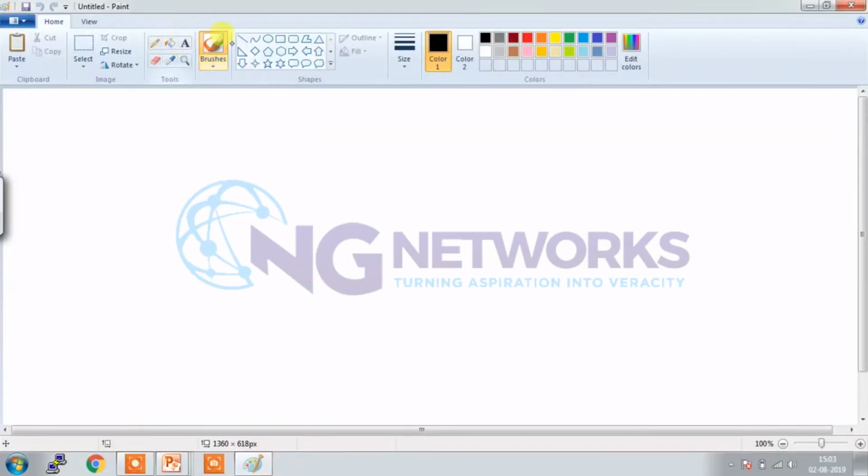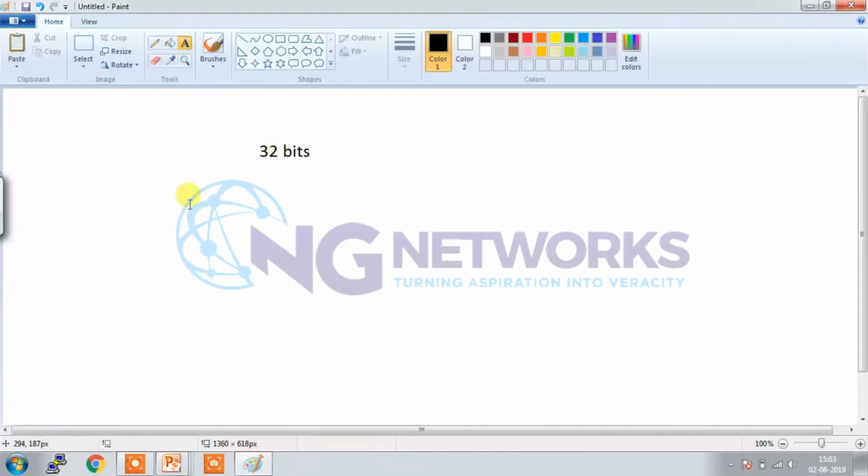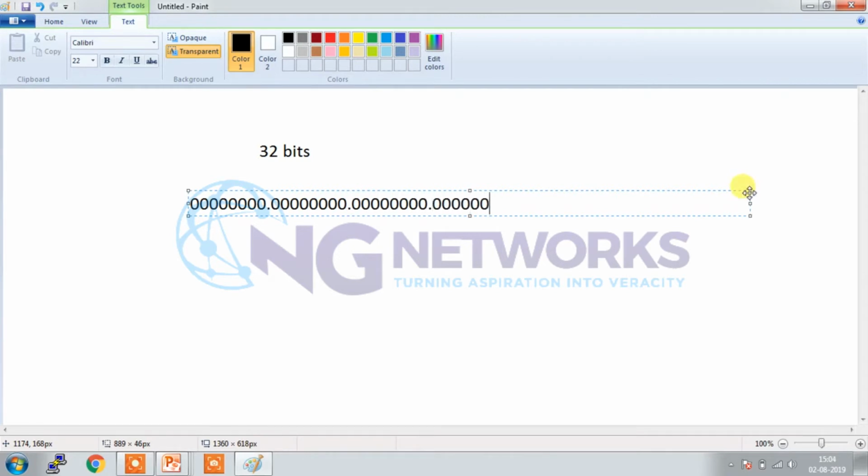How many bits do we have in IP version 4? 32 bits. If I turn off all the 32 bits, the IP address comes out to be 0000. This is the first octet, this is your second octet, your third octet, and your fourth octet. This is the binary representation.